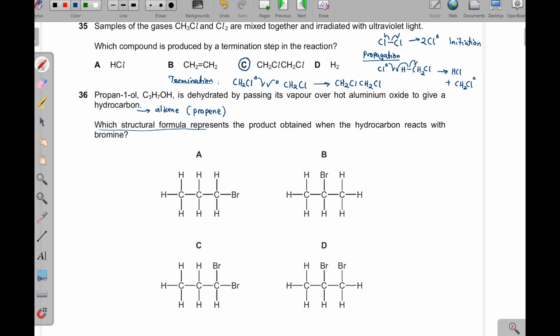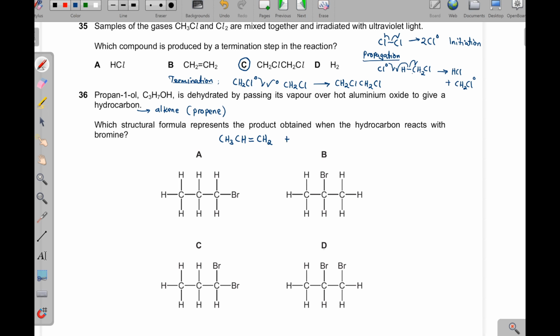And they're saying which structural formula represents the product obtained when the hydrocarbon reacts with bromine. So when you get propene, which is CH3, then CH, double bond, CH2. That is the propene.